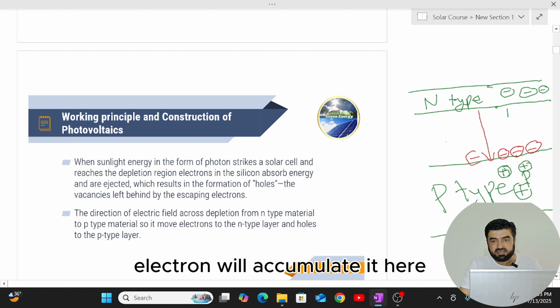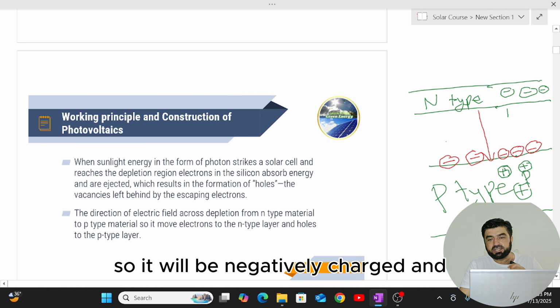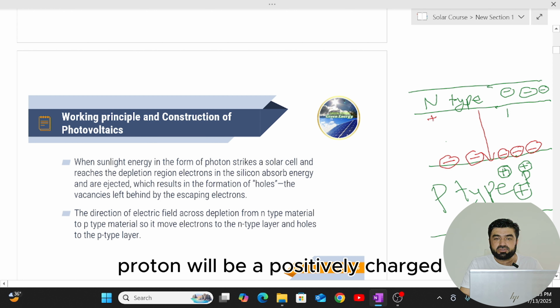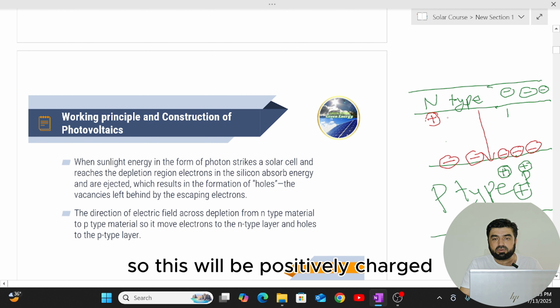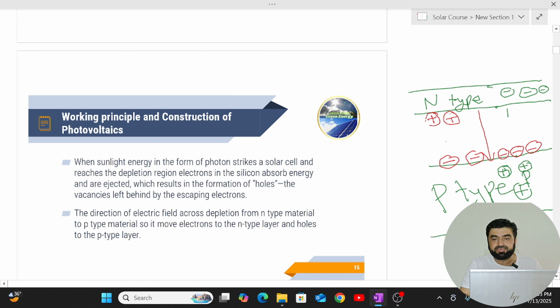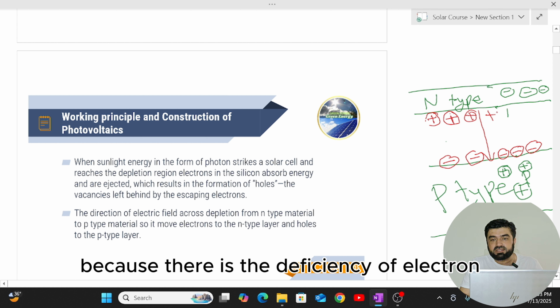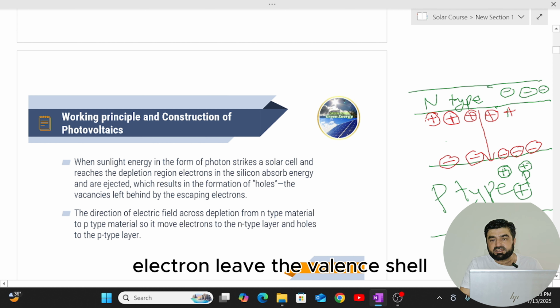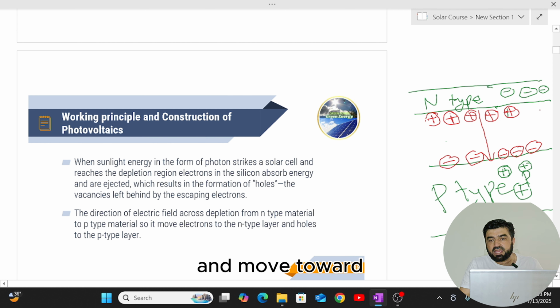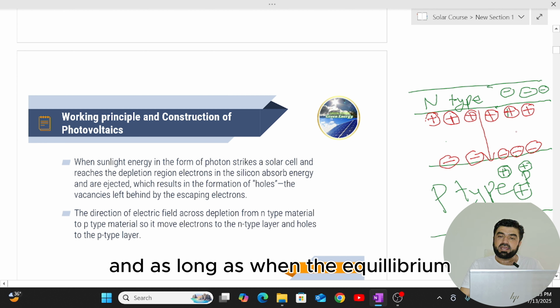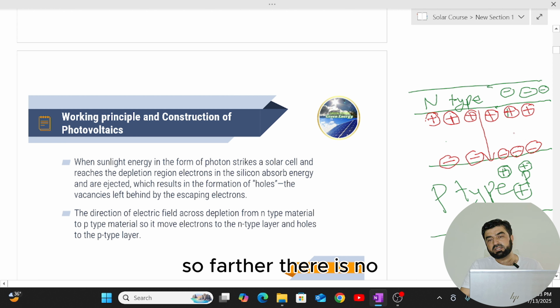Electrons will accumulate here, so it will be negatively charged, and the other side will be positively charged because of positive ions, because there is a deficiency of electrons. Electrons leave the valence shell and move until equilibrium occurs.